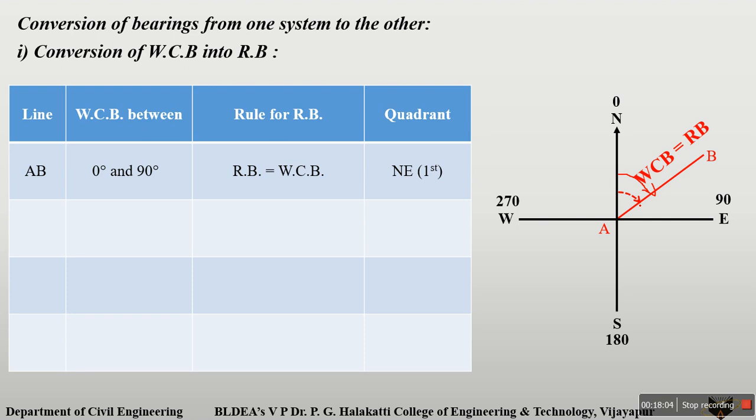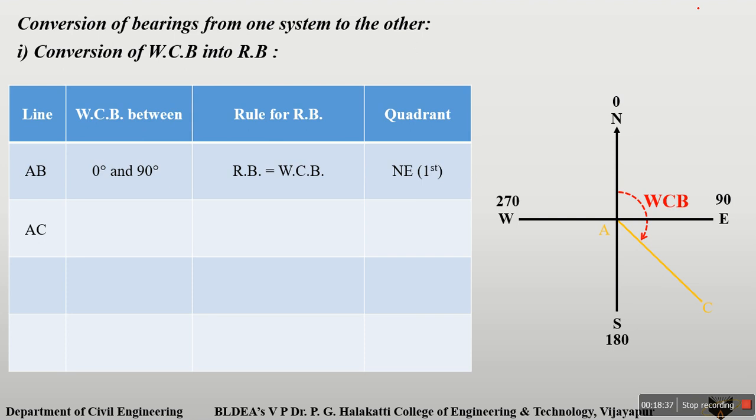Next, if the line is present in the second quadrant, in the WCB, how are we measuring? Again with respect to the north direction, moving in the clockwise direction with respect to the line, like this. We measure the WCB from the north to the line.